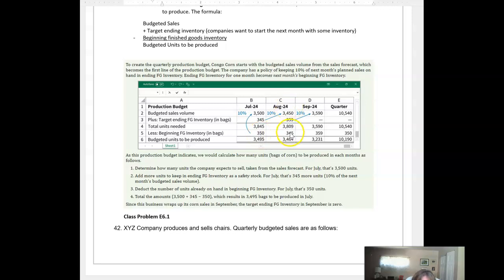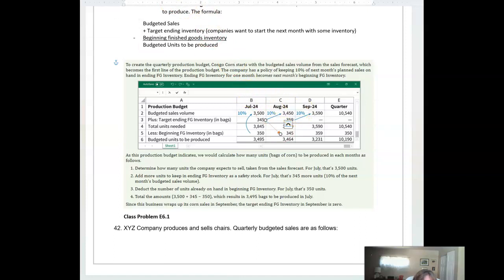Usually, beginning finished goods is ending finished goods in the prior month. Okay, so let's see if I can put a line in here. So this 345, our ending inventory in 1 month, is beginning inventory the next month. So we can do that again.